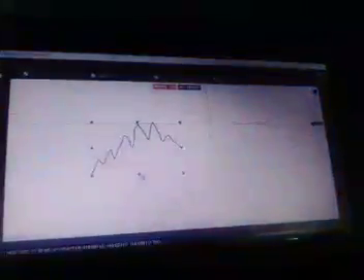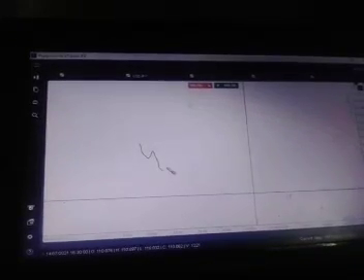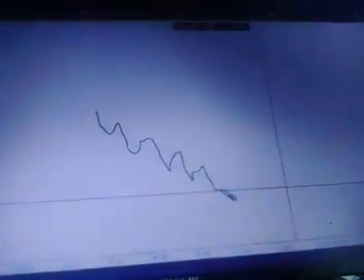For the double bottom, it's just the opposite of a double top. A double bottom occurs when the market is coming down. It makes a low, a lower low, a lower high, a lower low, a lower high, a lower low, a lower high, and then the market reaches this level of support, and then fails to break this level.